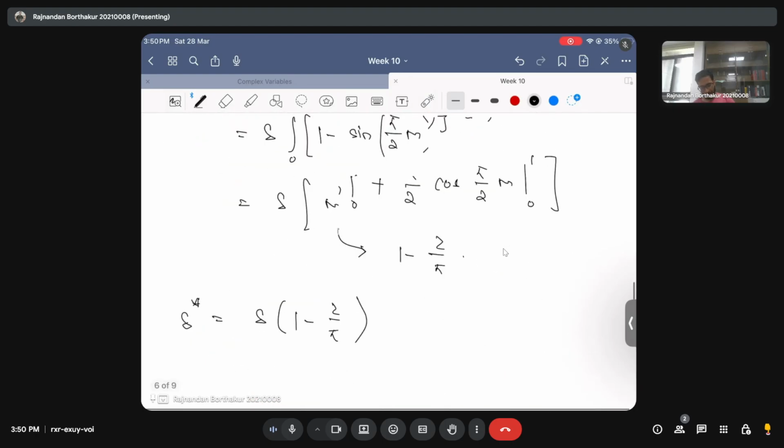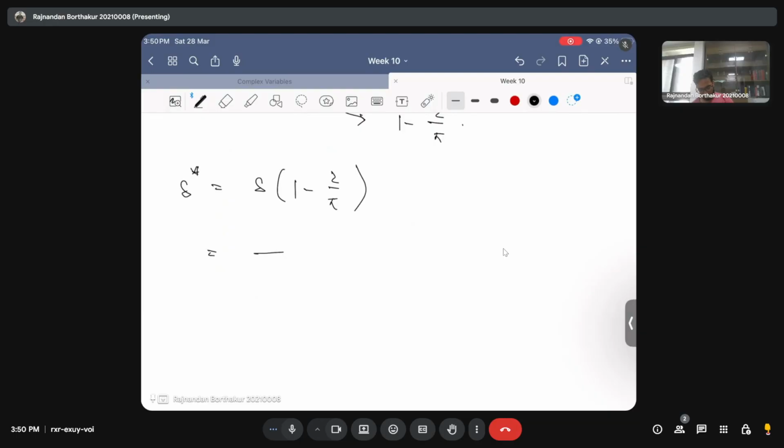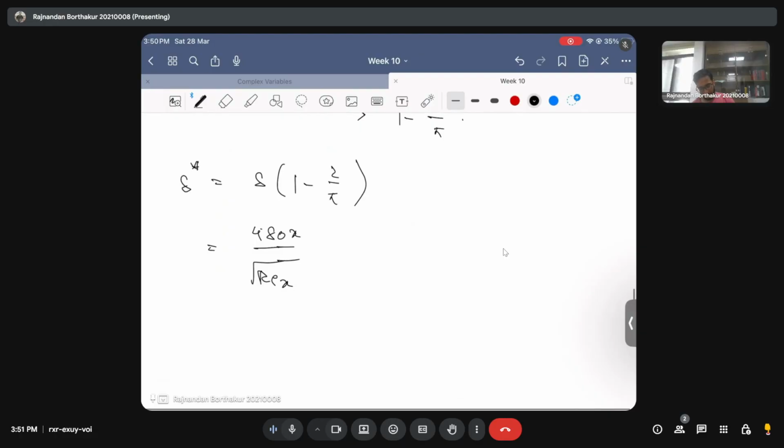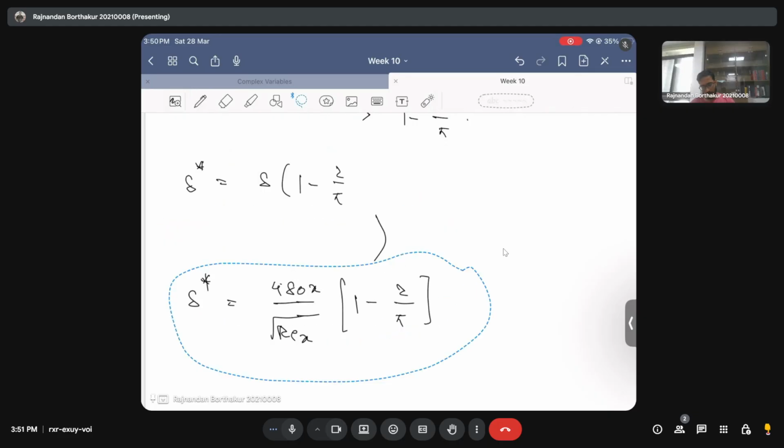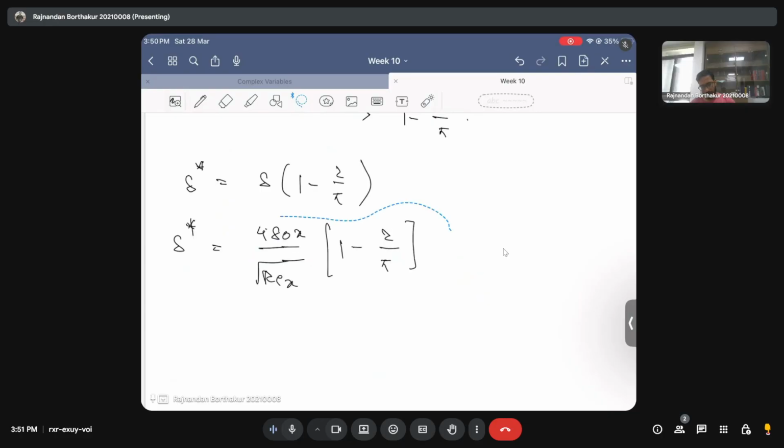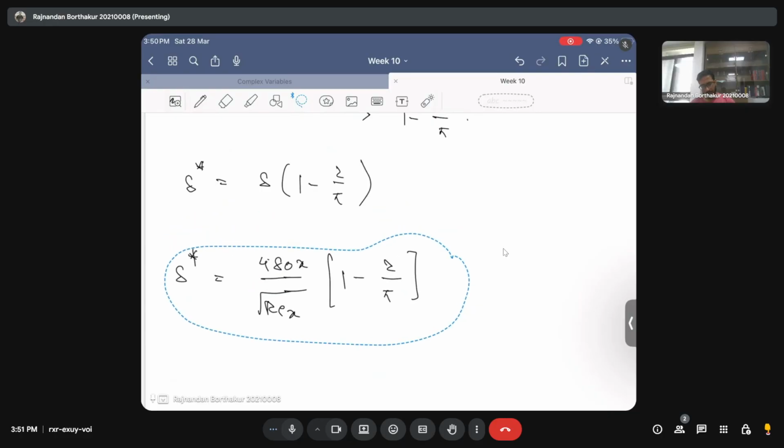So my delta happens to be equal to 4.80x by square root of Re_x, multiplied by 1 minus 2 by pi, and then this is delta star. So that's it. We have essentially evaluated the displacement thickness delta star.